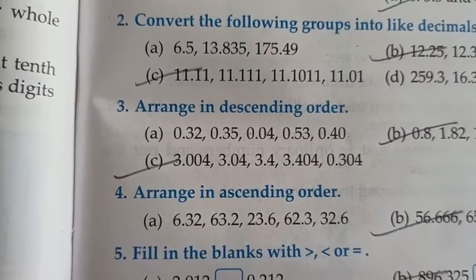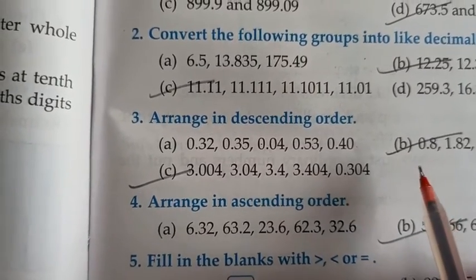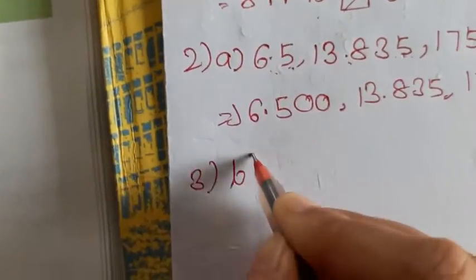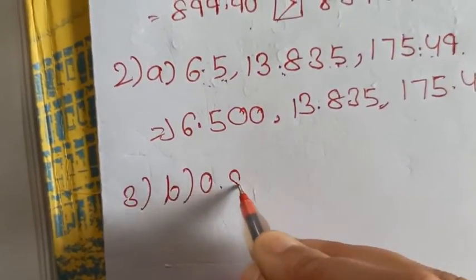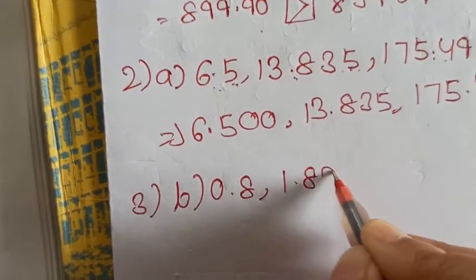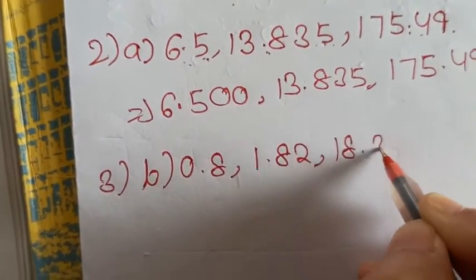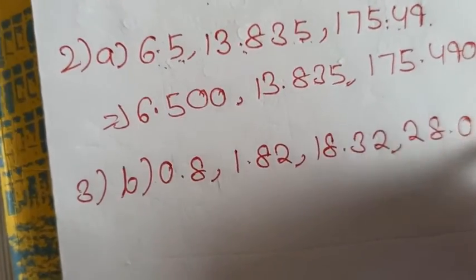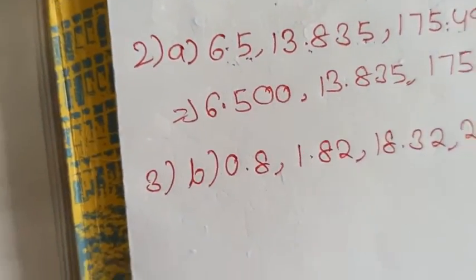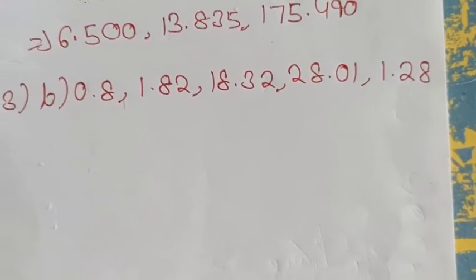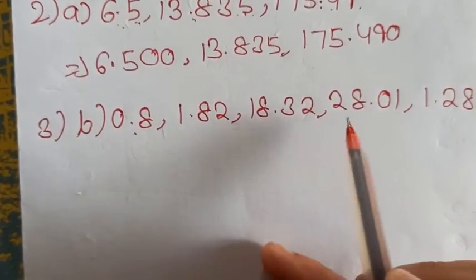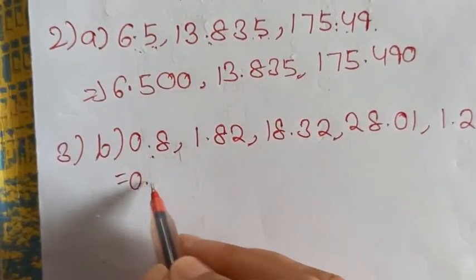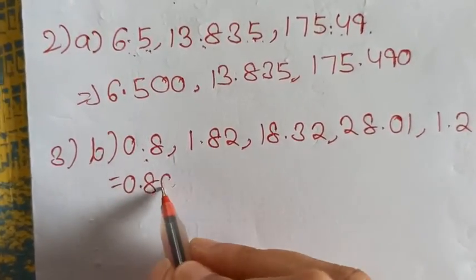I will show you question number B. The question is 0.8, 1.82, 18.32, 28.01 and 1.28. In this question you can see that except for the first, all the numbers have 2 digits after the point.